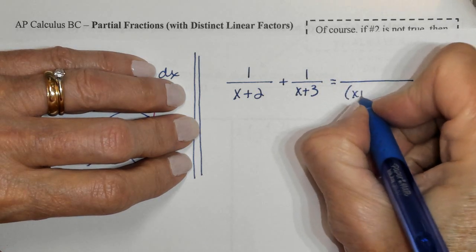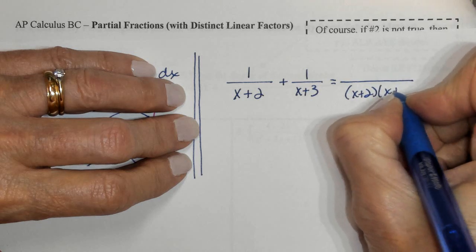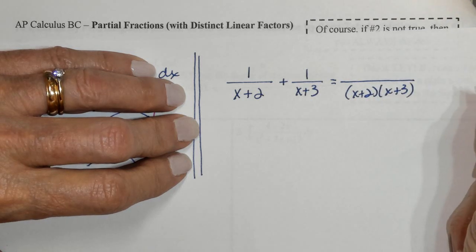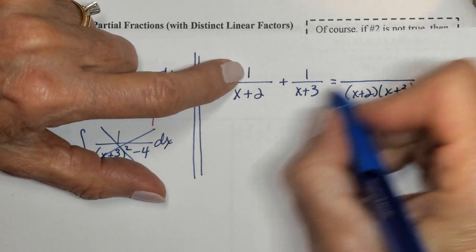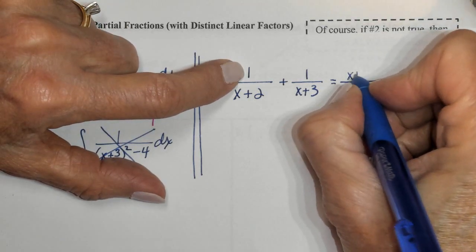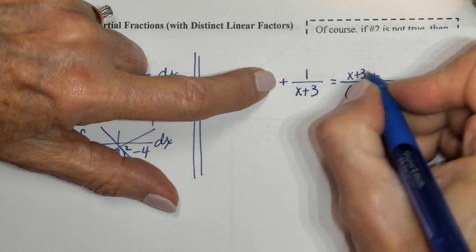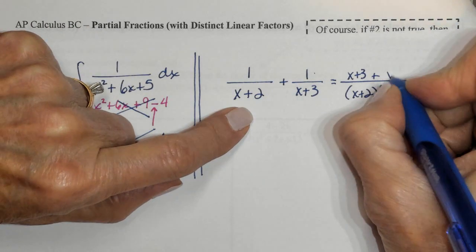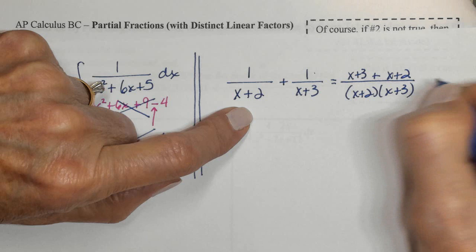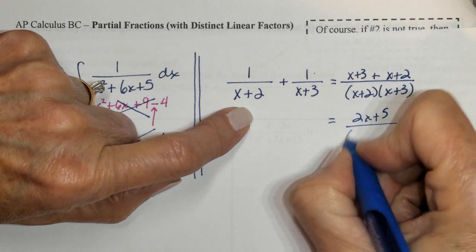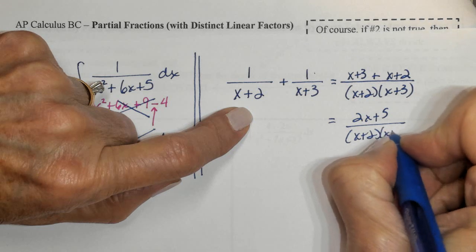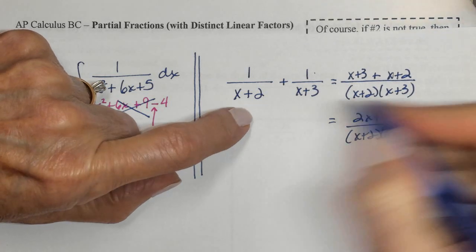The common denominator would be the product of those two denominators, x plus 2 times x plus 3. And then we would multiply this one times the x plus 3 plus this one times the x plus 2, right? That's what we would do, and we would get 2x plus 5 over x plus 2 times x plus 3. That's how we add fractions, right?